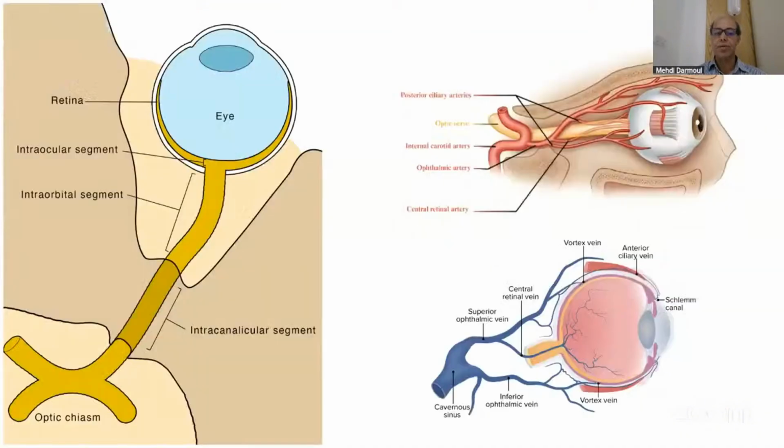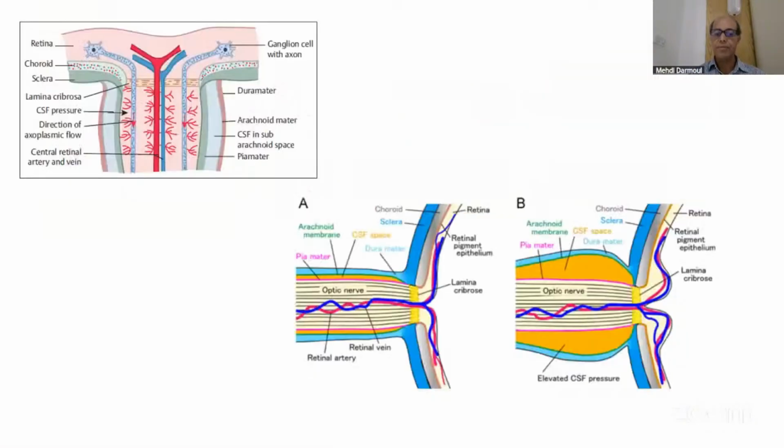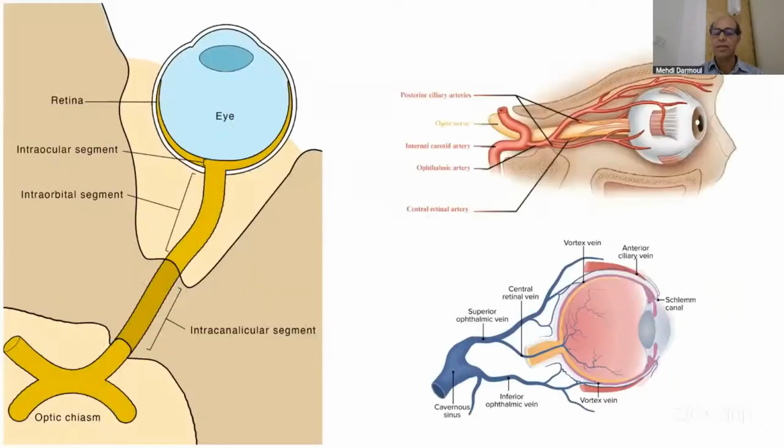Here also we see the vascularization of the optic nerve: the arterial supply by the ophthalmic artery, a branch of the carotid artery, and the drainage with the central retinal vein and the superior and inferior ophthalmic veins, which reach the cavernous sinus at the end.